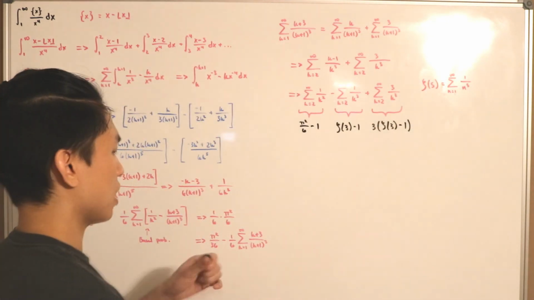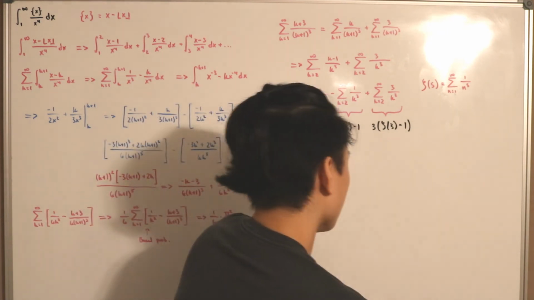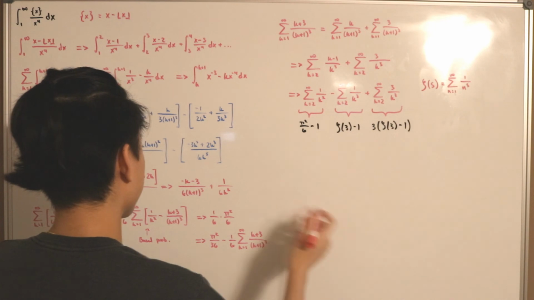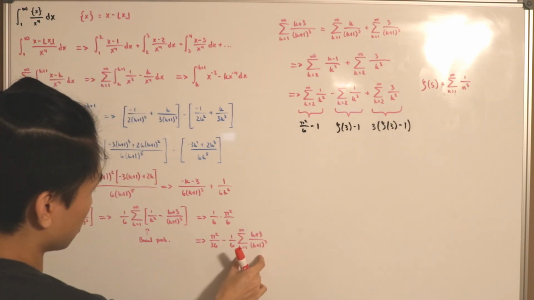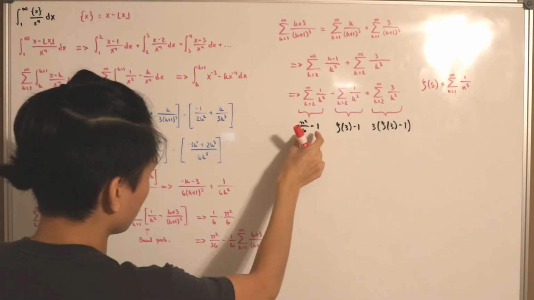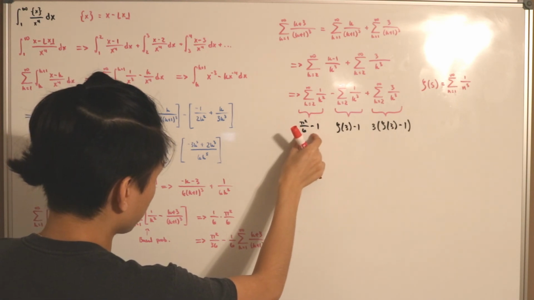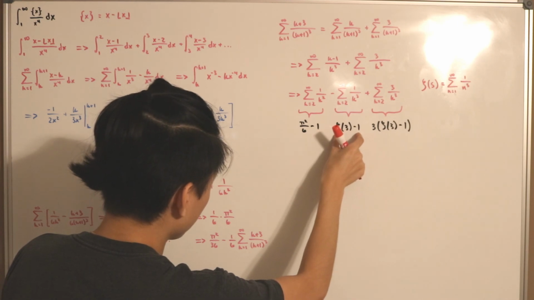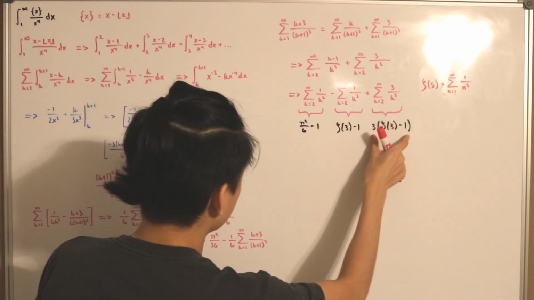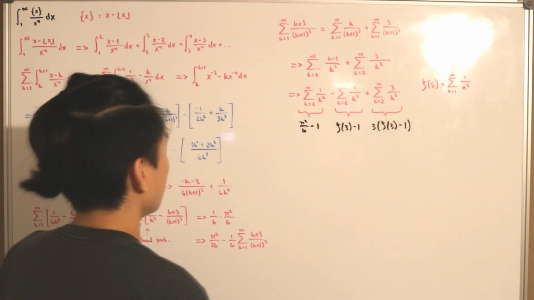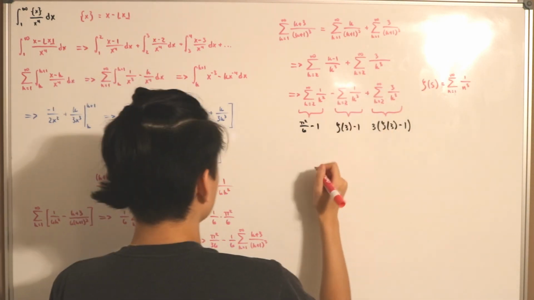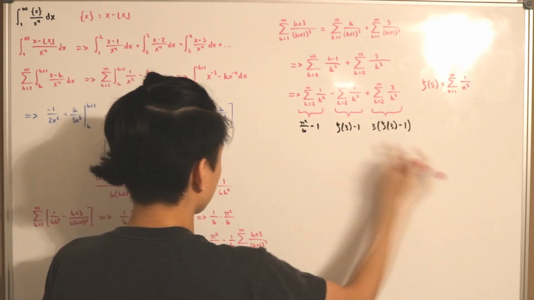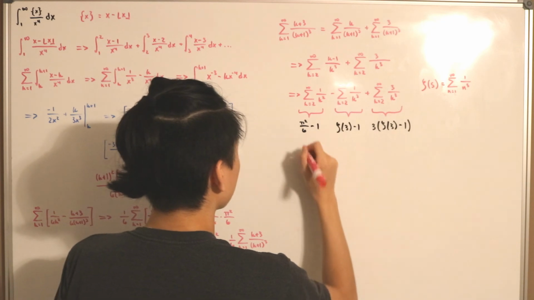Okay, cool. Now that we have our pieces, let's assemble everything together. The summation of this piece is equal to pi squared over 6 minus 1, minus the Riemann zeta of 3 minus 1, and then plus 3 times the Riemann zeta of 3 minus 1. Let me multiply the 1 over 6 in first before I do anything.